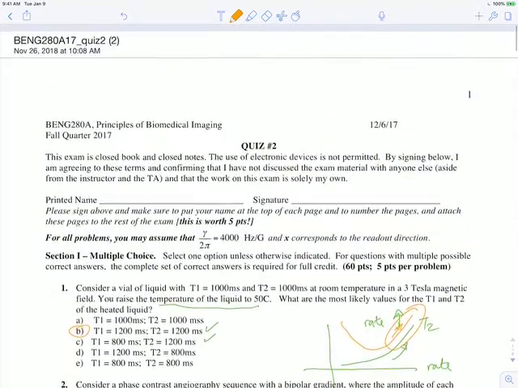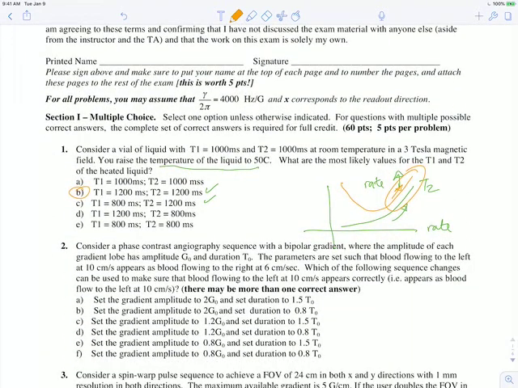You said that T1 is bigger than or equal to T2, but if they're equal, doesn't it mean that they are going to close each other? T1 should be bigger than T2 at all times, but yes, they can be equal. They could be equal in the limit.